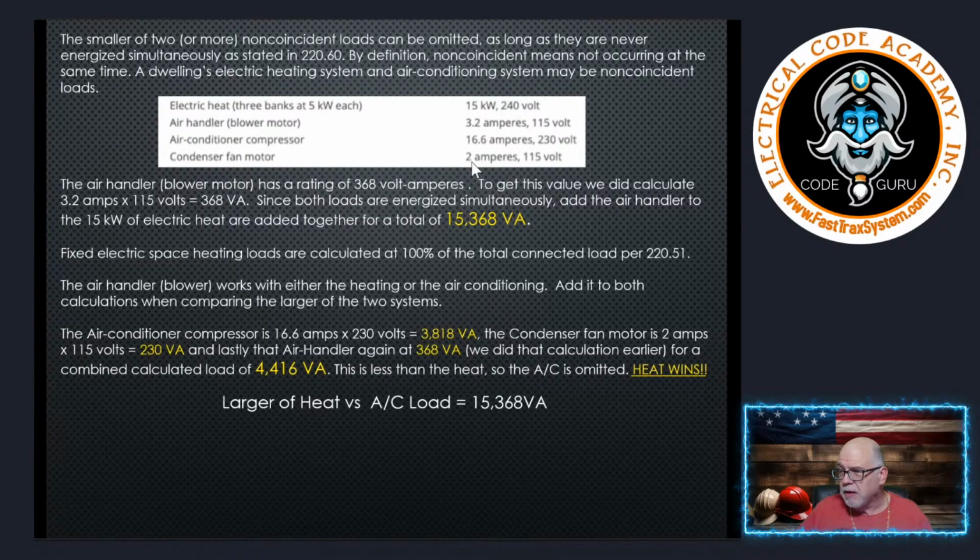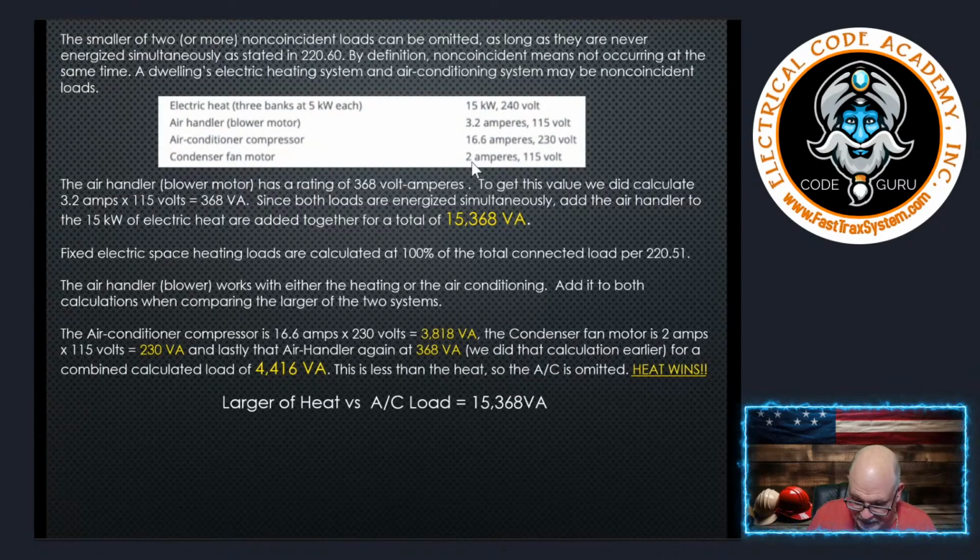Now, for me, since I know that it wasn't larger than the heat, I would have immediately done the air conditioning compressor and taken that 3818 at 125% plus the 230 and the 368. I would have just done that immediately, okay? And that is probably the best thing you should do. But in this case, I'm going to do that.